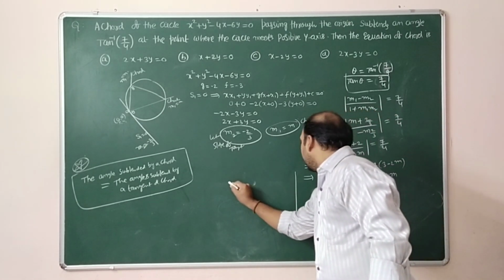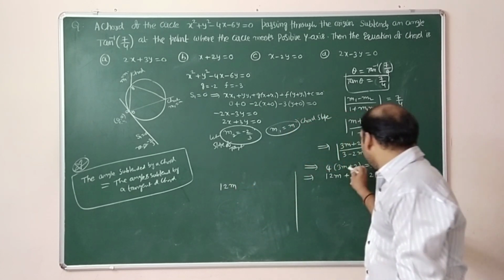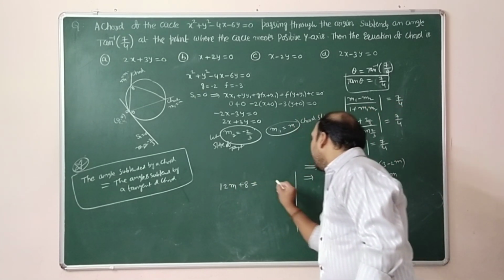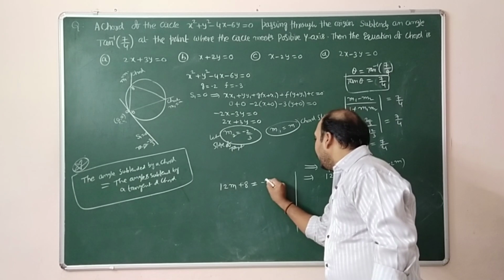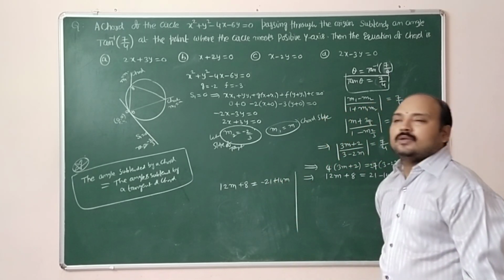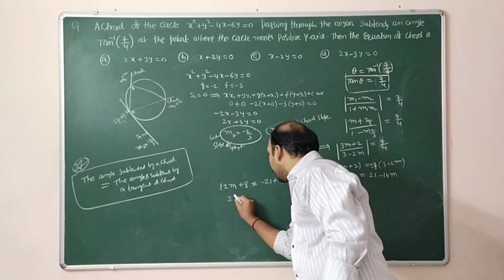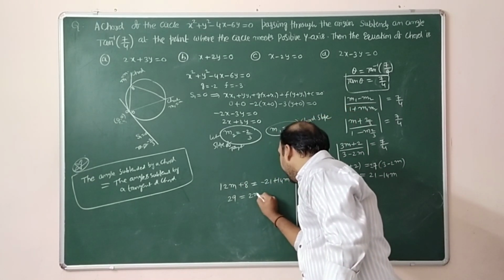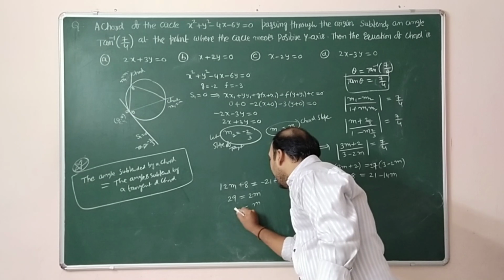If you consider minus, 12m plus 8 is equal to minus 21 plus 14m. So minus 21 you can take to this side, say 29 equal to 2m, so m is equal to 29 by 2.